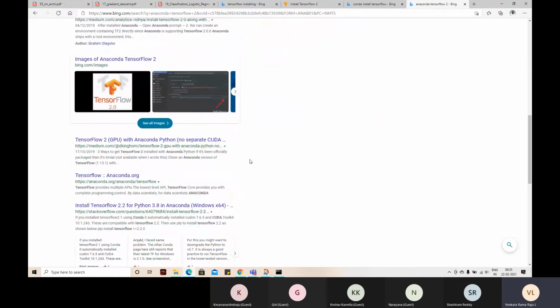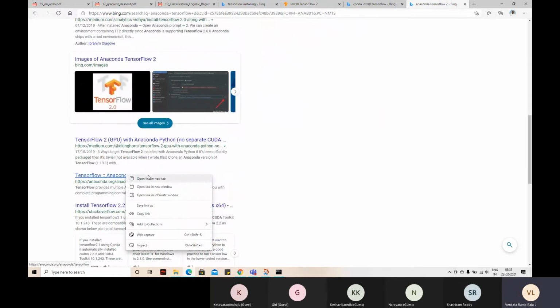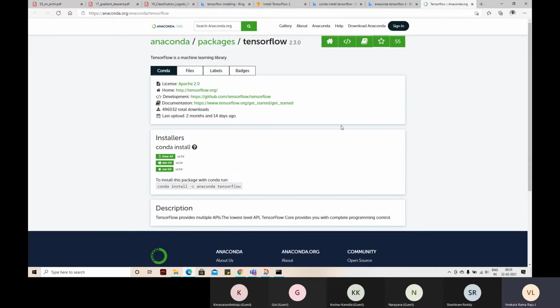There's a big trouble here. When you're installing TensorFlow, see this here: conda install -c anaconda tensorflow. That's how you need to install. For GPU, you need to put tensorflow-gpu. I think they changed it.